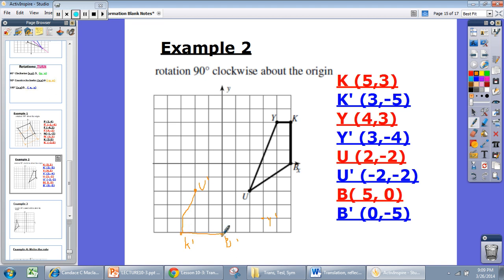And again, using a ruler would probably be more effective than drawing wiggly lines like this. Now that you have that, go ahead and turn your paper 90 degrees clockwise and see how you got the same thing.